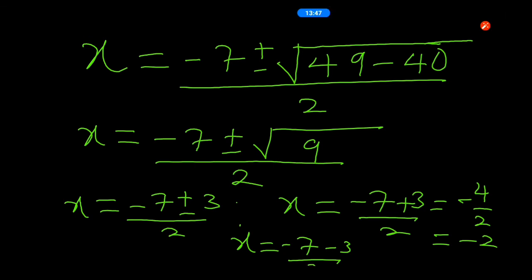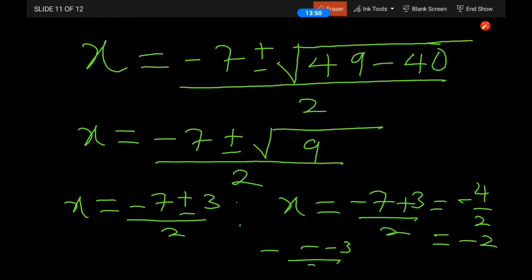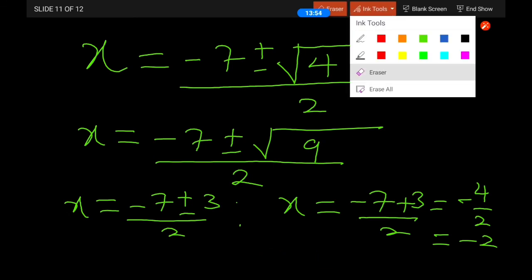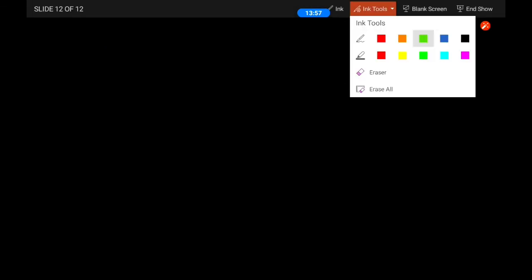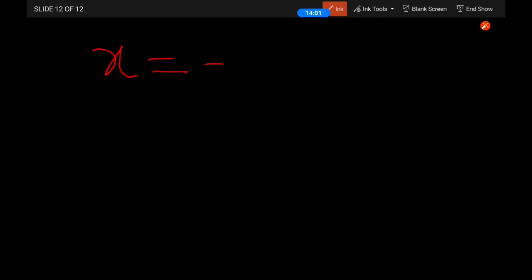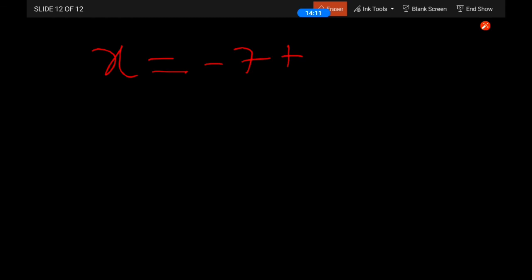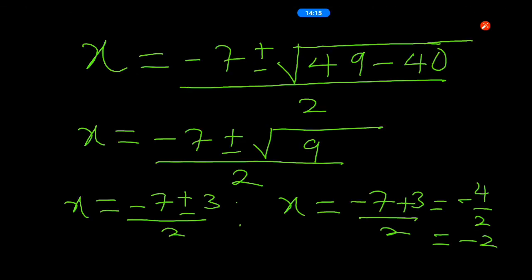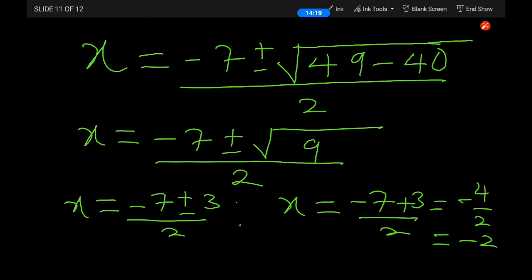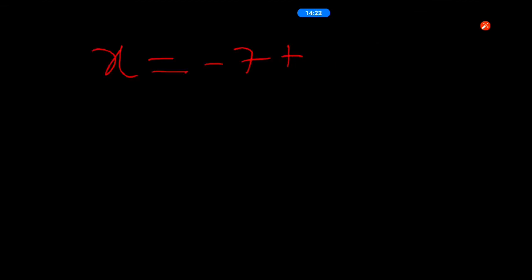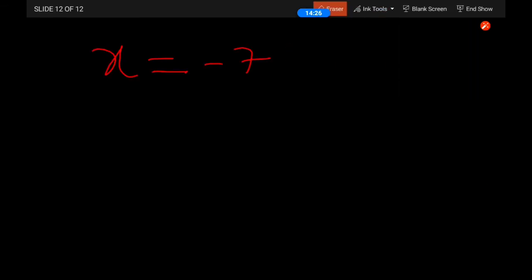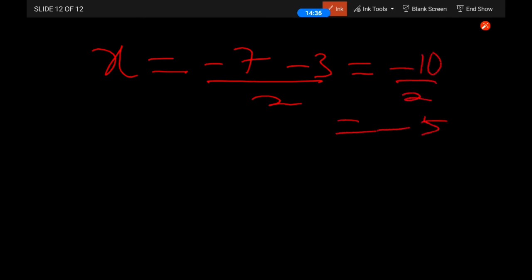Let's solve the second value: minus 7 minus 3 over 2, and that will be equals to minus 10 over 2, and that is minus 5, negative 5.